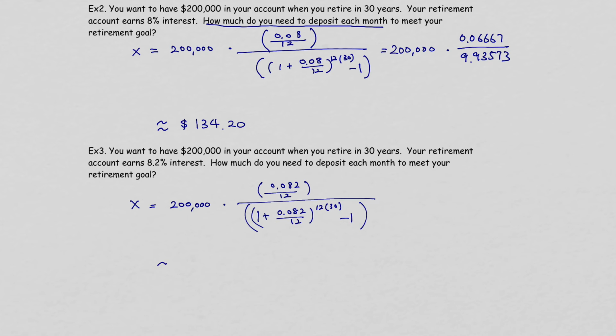So you should get about 128.80. When you round it, it will be 128.84, right? So that's how much you need to deposit each month to make $200,000 with 8.2% interest after 30 years.